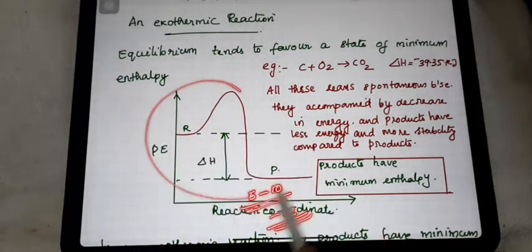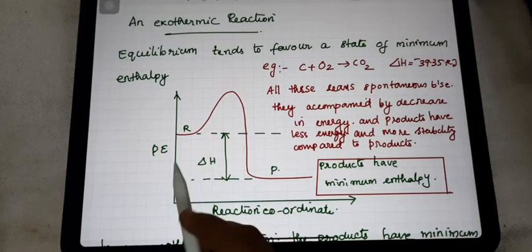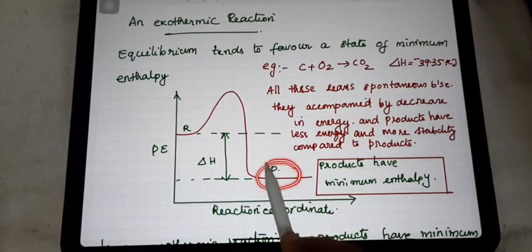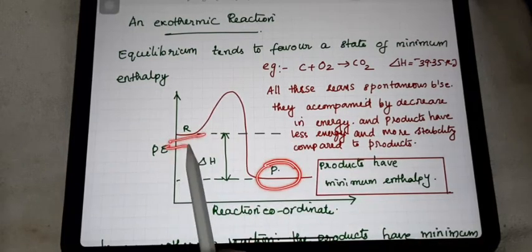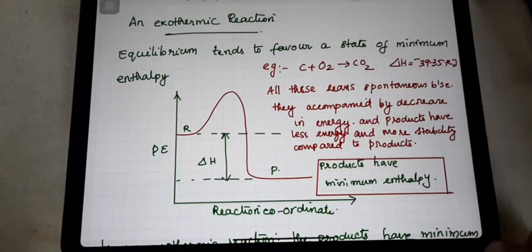So likewise the energy profile diagram for exothermic reactions. Exothermic reactions, as you know, the delta H value is negative. Okay, so here the product has the minimum energy compared to that of the reactants. So when you carry out a reaction, if it is an exothermic reaction, it surely favors the product formation.